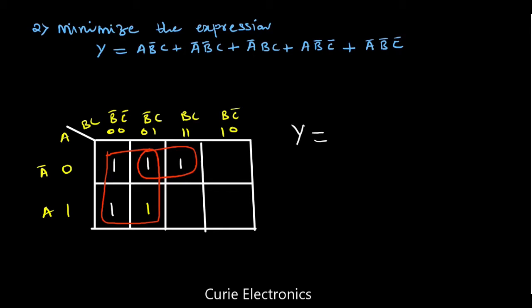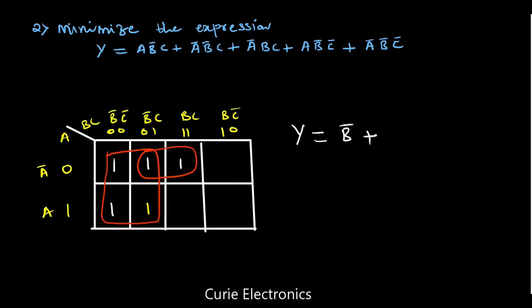Y equals, when we take the quad, 2 variables should get eliminated. Which are the rows involved? A bar, A, original form and complemented form, so that variable will get cancelled. When it goes column wise, it is B bar C bar, B bar C. So C will get cancelled, B bar will be left out.